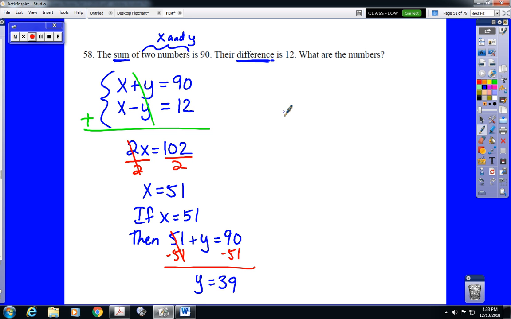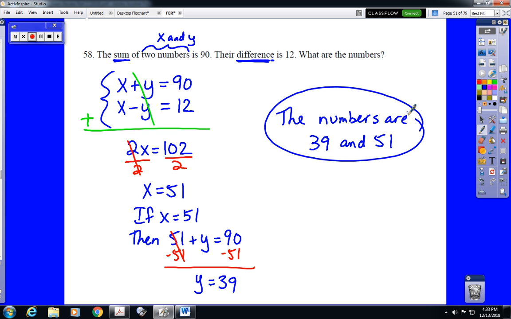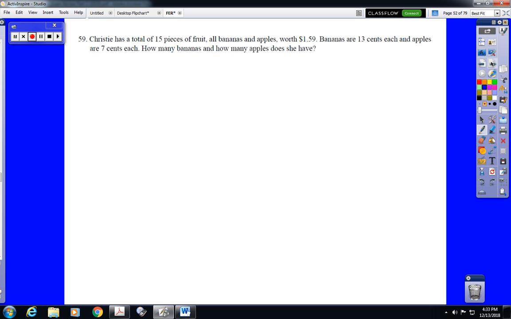So we would say the numbers are, it's a word problem, so we should answer the question that was asked. What are the numbers? The numbers are 39 and 51. Should not answer with an ordered pair. Should answer with what are the numbers. There you go.